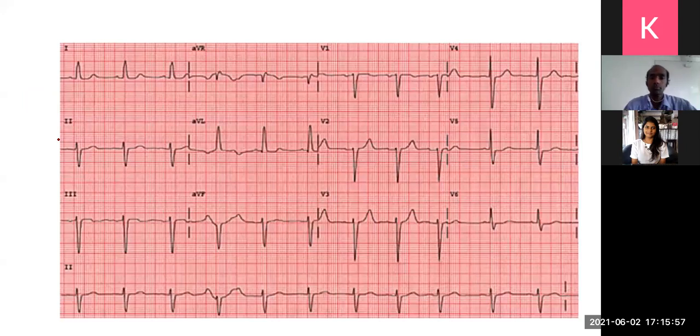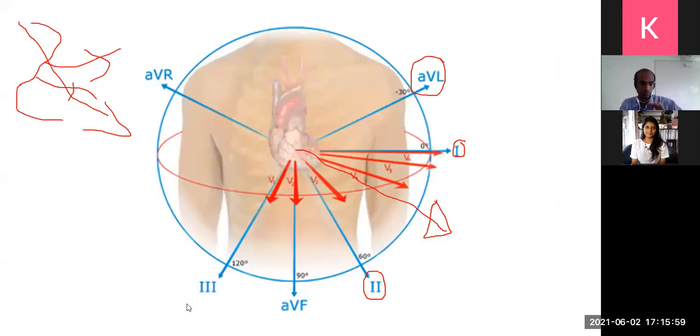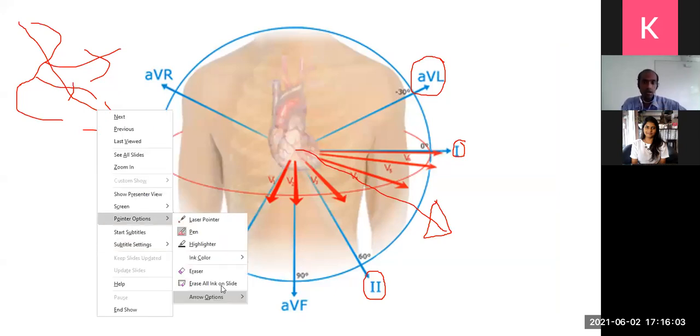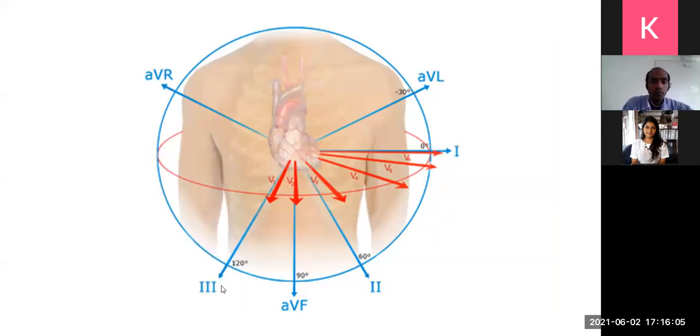Now, what happens if the cardiac axis shifts to the left this way? This is called a left axis deviation.